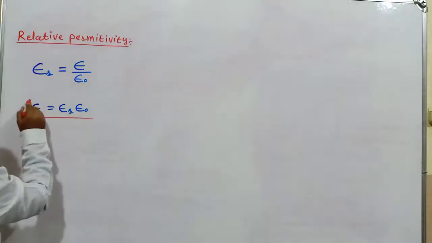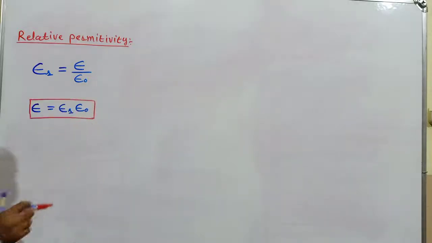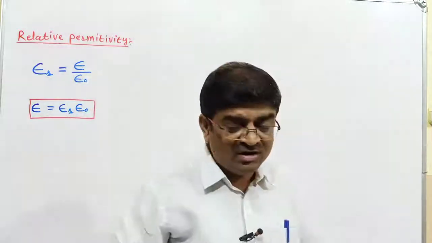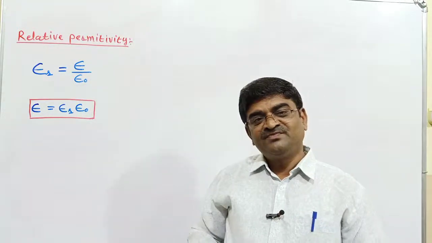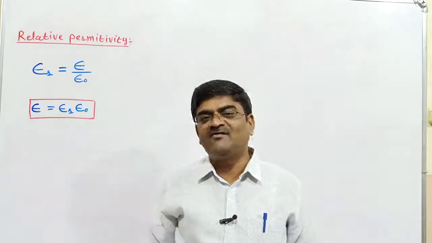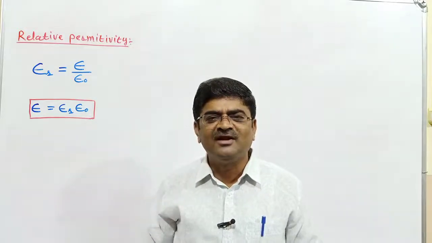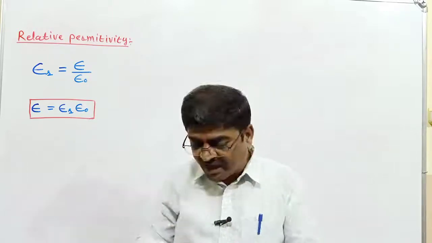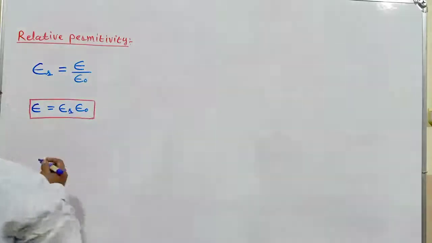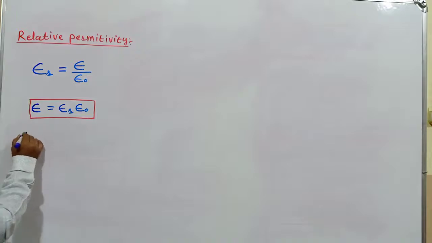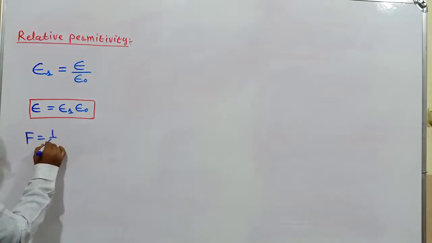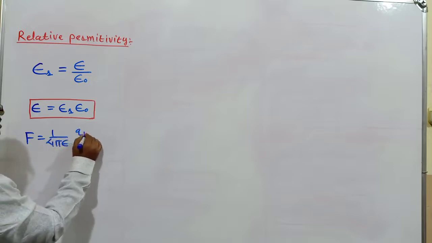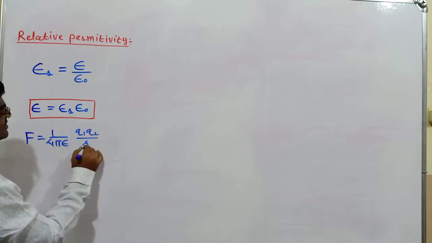After doing this, say for example, the charges which I spoke of in Coulomb's law, Q1, Q2, are not in the air media or vacuum, rather they are in some other media like water. If you ask me to write Coulomb's law in mathematical form, I will write that F equal to 1 upon 4 pi epsilon, Q1 Q2 divided by R square.